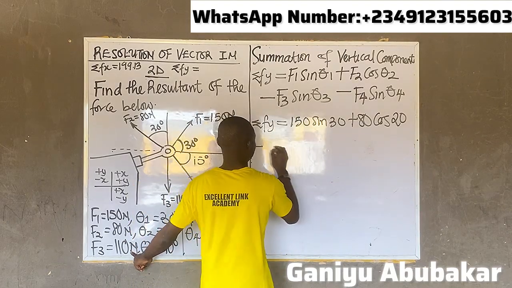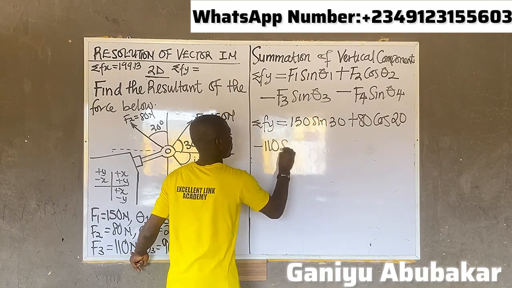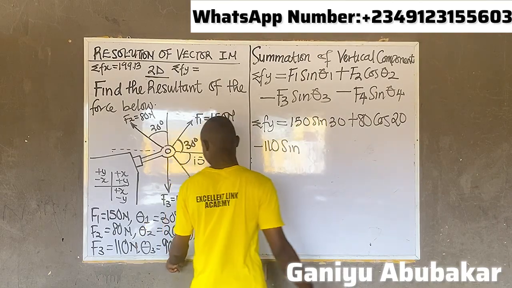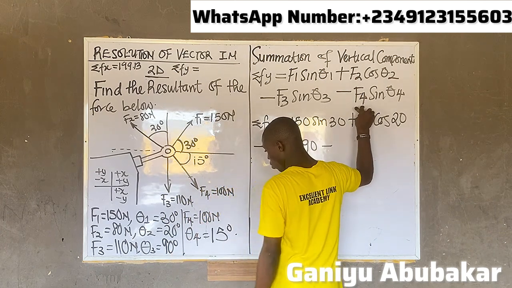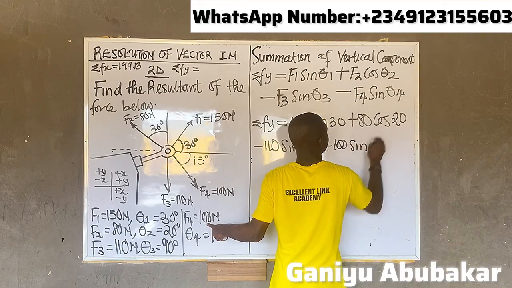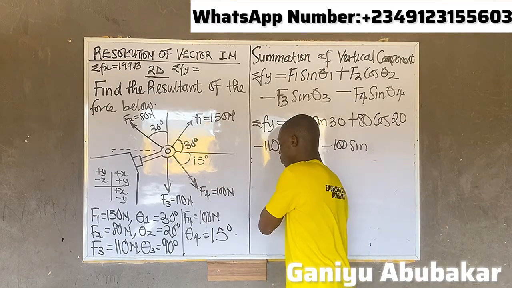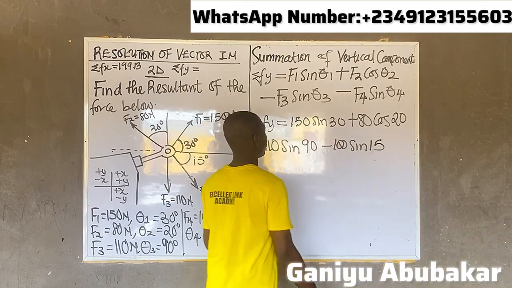That's 110. Yeah. Then sine theta 3, that's 90. Minus F4, that's 100. 100 sine theta 4. Theta 4, that's 15. All right. Moving on.